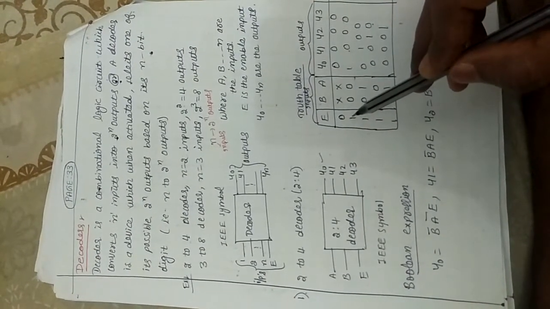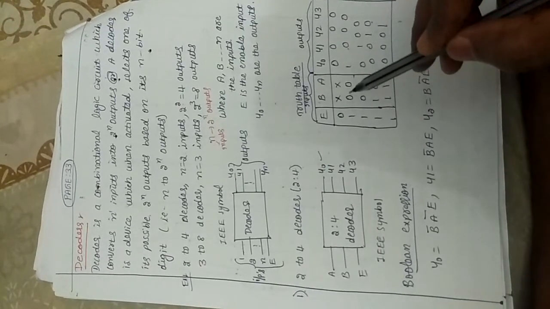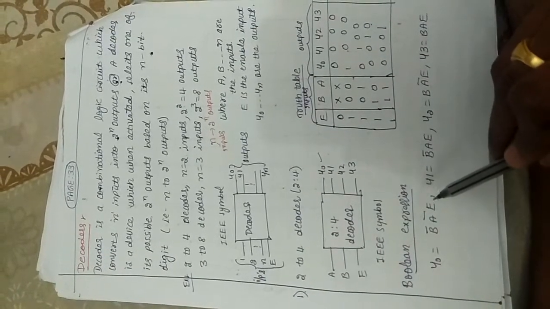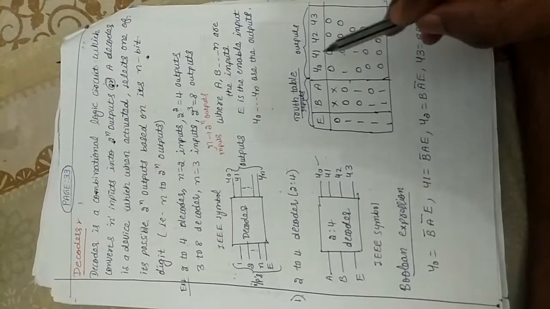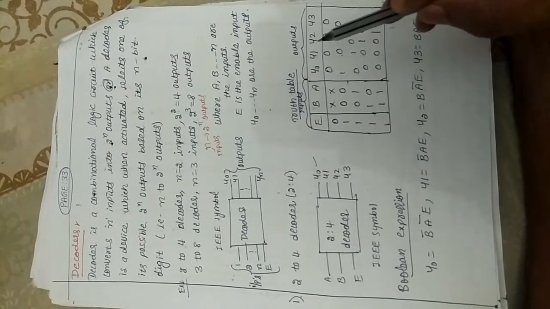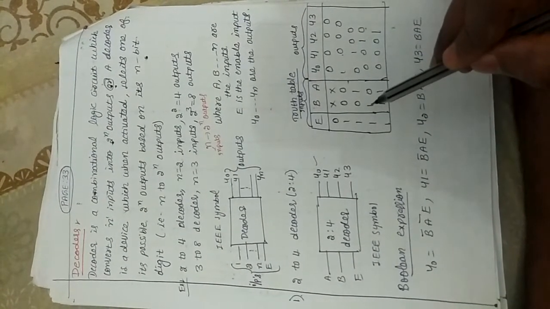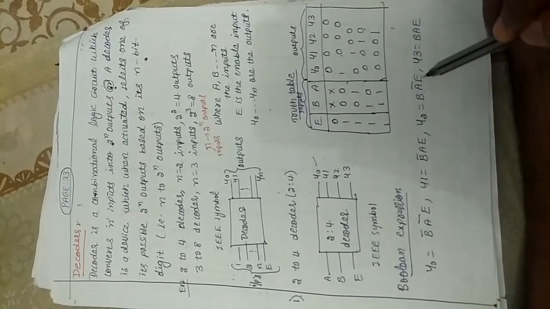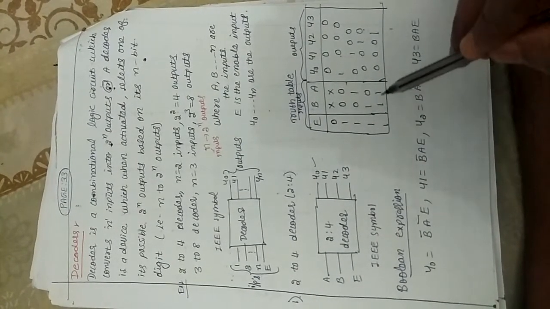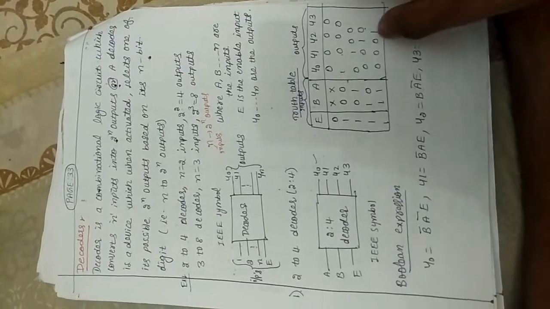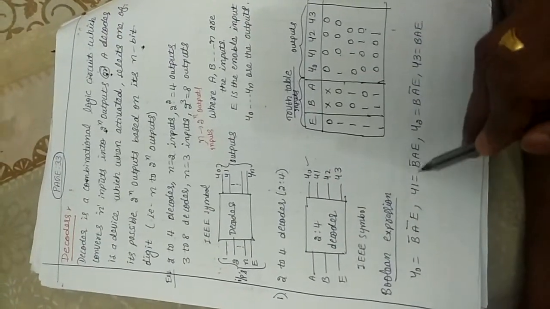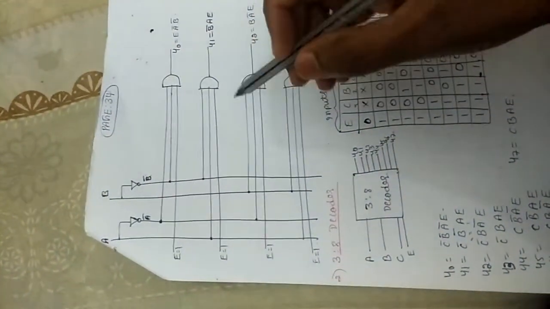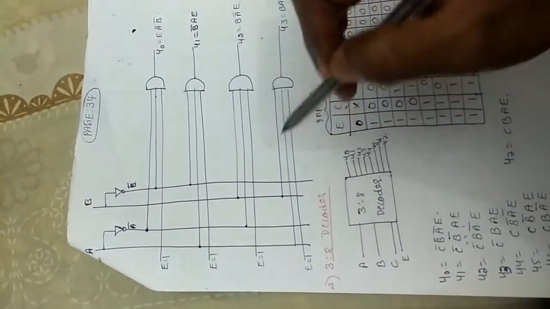So E, B bar, A bar for the first one, comma, for y1, B bar, A, E, for y2, B, A bar, E, for y3, B, A, E. Here it is not a sum, you have to write each individually. In a similar way, you have to realize the expression using logic gates.